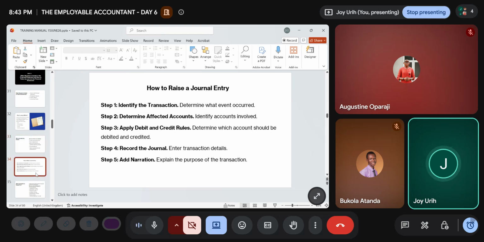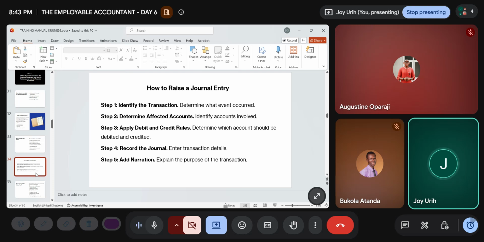So how do we raise a journal entry? Please take notes. First of all, you need to identify the transaction. A transaction can be a sale that was made but omitted in your financial record, or an expense that was made but omitted.